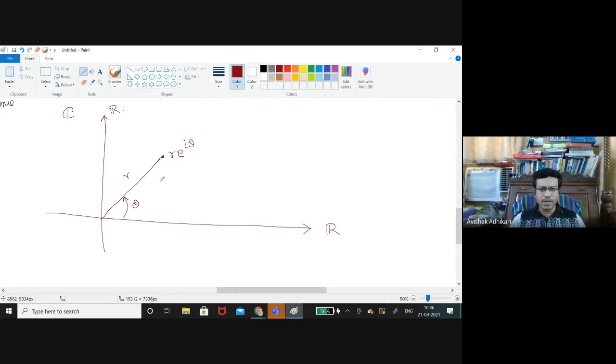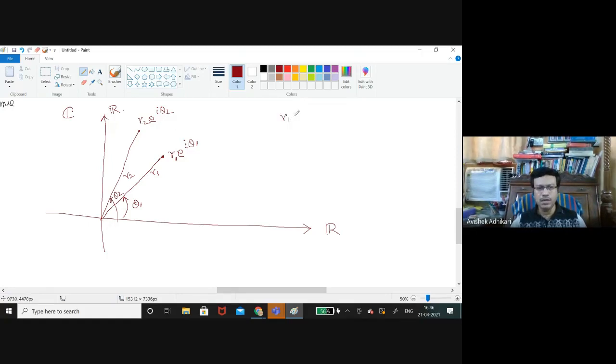Now, suppose this is my theta 1, and suppose another point is there, say this is my r1, and say this is my r2, and this angle is theta 2. So r2 e to the power i theta 2, right? Now, how do you represent the product of these two elements?